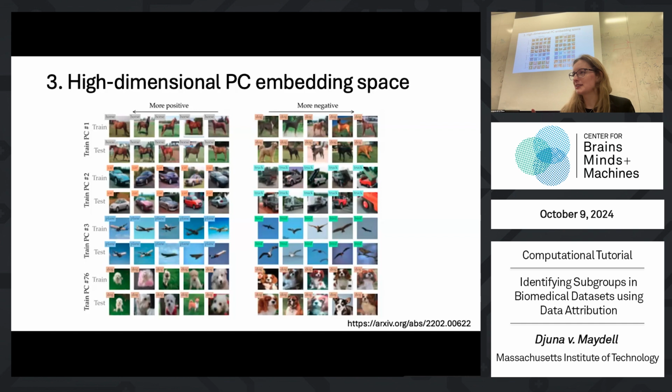So this data model's embedding, if you, as they do here, project it onto your first few principal components, you start seeing really intuitive features that differentiate these samples. As an example here, principal component number 1 is clearly differentiating between horses and dogs, but in very similar positions, right? So it's elucidating the types of features that the model is paying attention to in making its predictions.